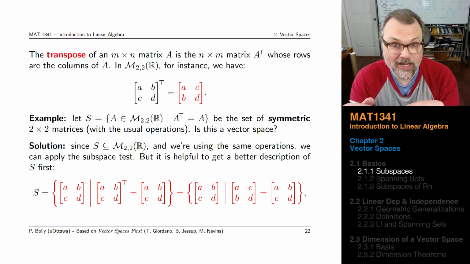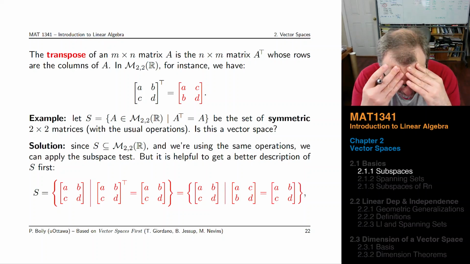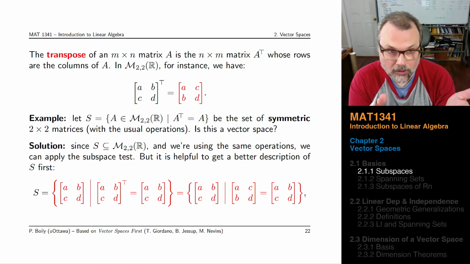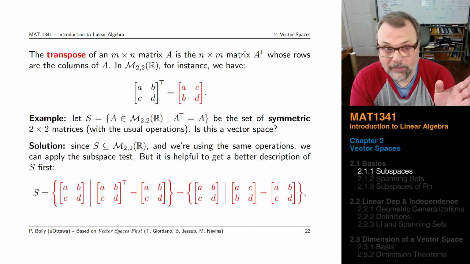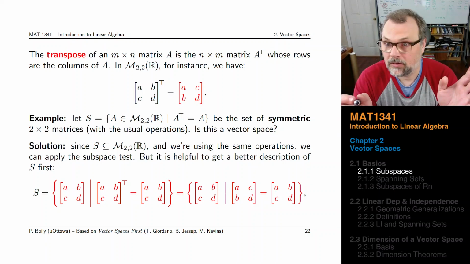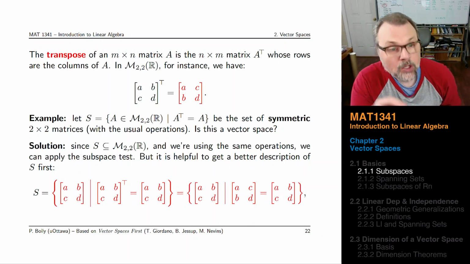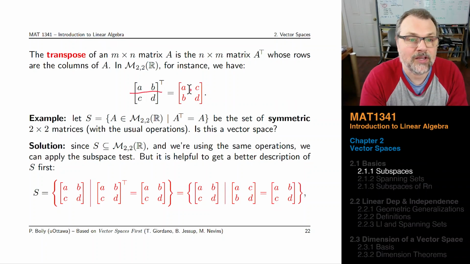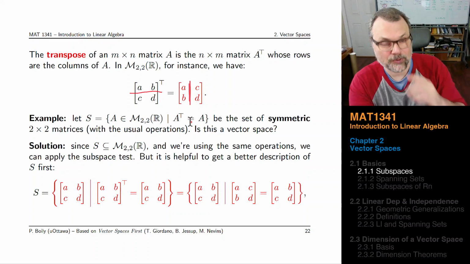And the rows of A transpose are the columns of A. In the space of 2 by 2 matrices, the transpose of [A, B; C, D], read row by row (my apologies, I said column by column), would be [A, C; B, D]. So here the rows of [A, B; C, D] become the columns of the transpose. First row is the first column, second row is the second column of the transpose.